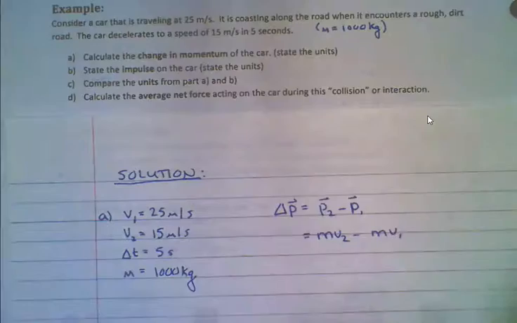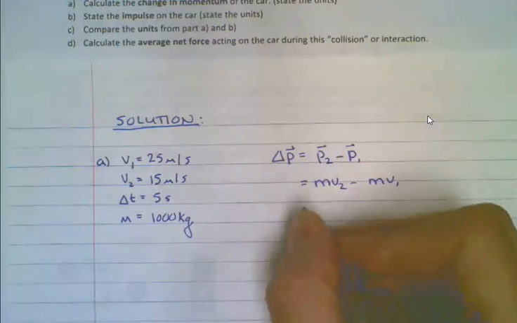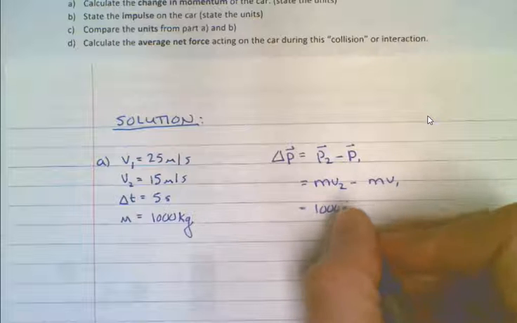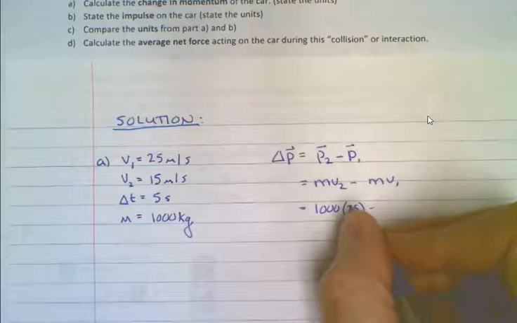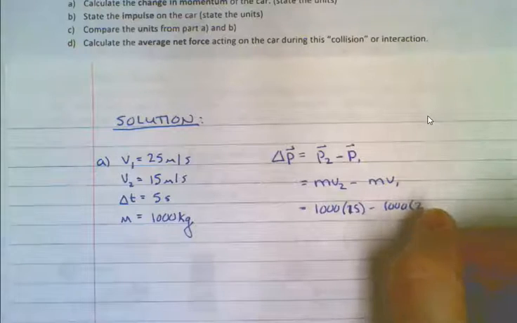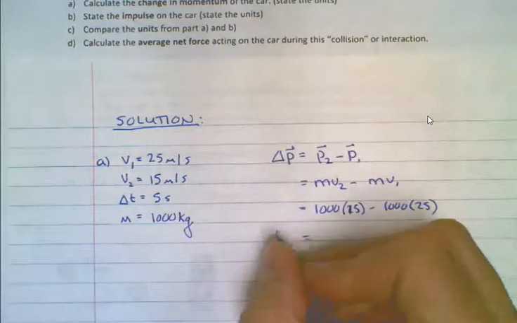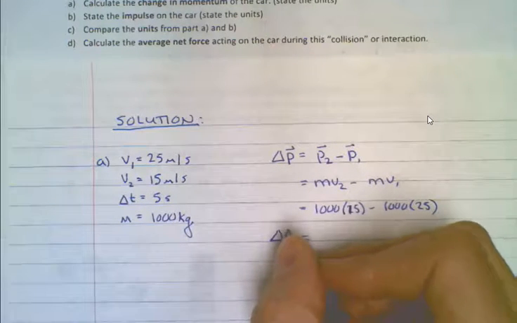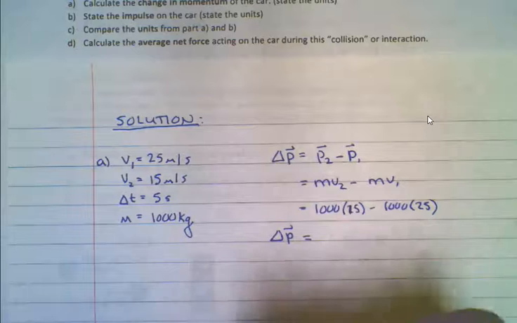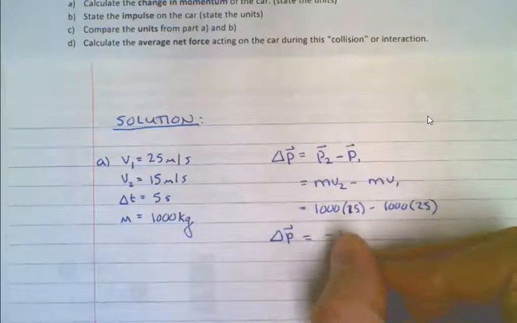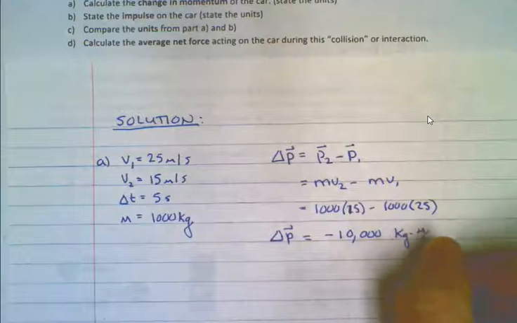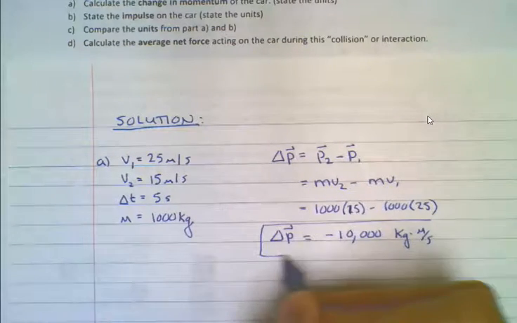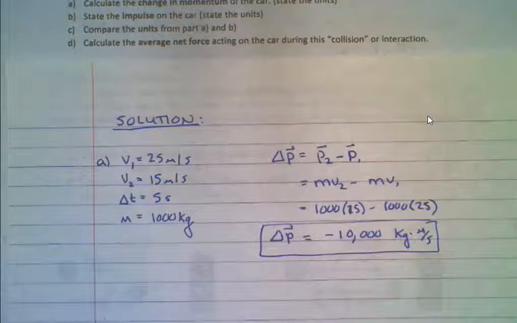Momentum's easy to calculate, so it's 1,000 times 15 minus 1,000 times 25. So our change in momentum, in this case, is the vector negative 10,000 kilogram meters per second. So it's reducing its momentum by 10,000 kilogram meters per second.